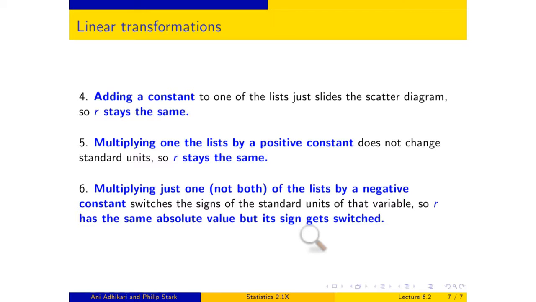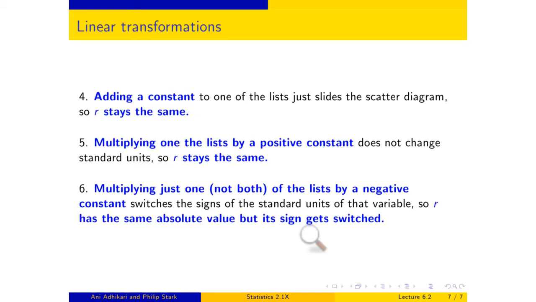And so I know some of you are thinking, what if I multiplied both of them? What if I multiplied one by minus 143 point whatever and the other one by minus 18? Well, that first multiplication would switch my 0.7 correlation to a minus 0.7 correlation, and the second multiplication would switch the minus 0.7 correlation to a plus 0.7 correlation.